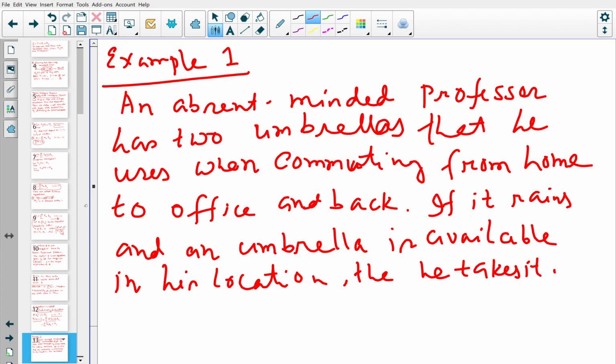Okay, so you understand. So he has 2 umbrellas and he goes to office and home, comes back, and he can carry an umbrella if there is rain and if the umbrella is at the place. Okay, if not, then he will forget the umbrella either at home or office.